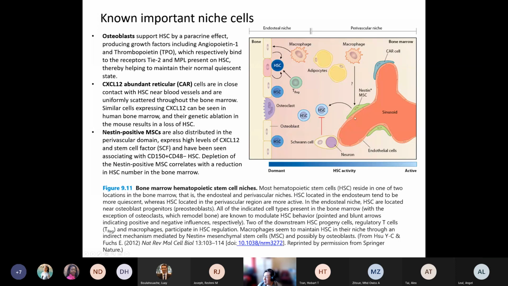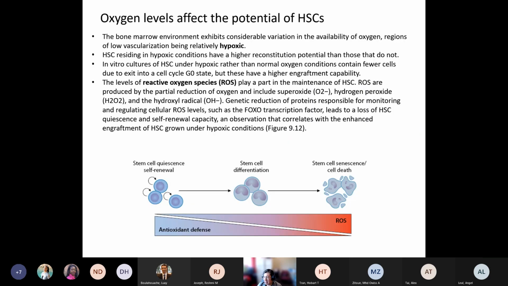If they're positive, they also express high levels of CXCL12, and they are associated with CD150 positive and CD48 negative HSCs. If you knock out CXCL12, you also cause a reduction in HSC number. So basically, these three cell types play some role in maintaining hematopoietic stem cells in bone marrow.